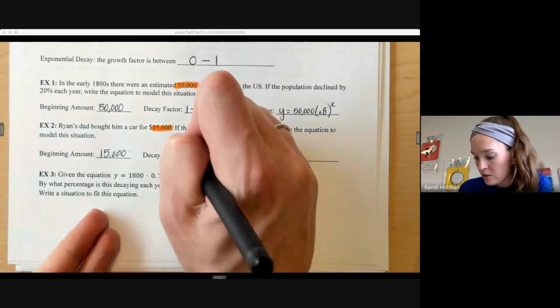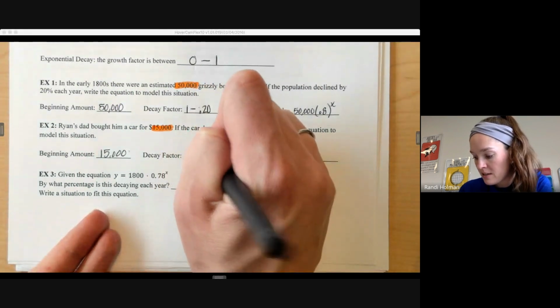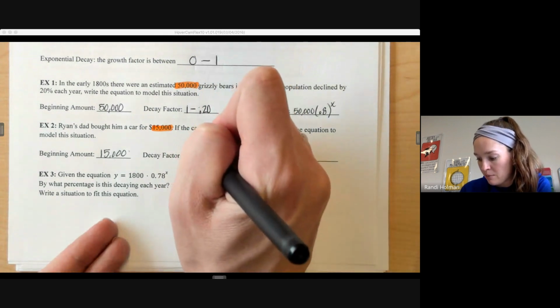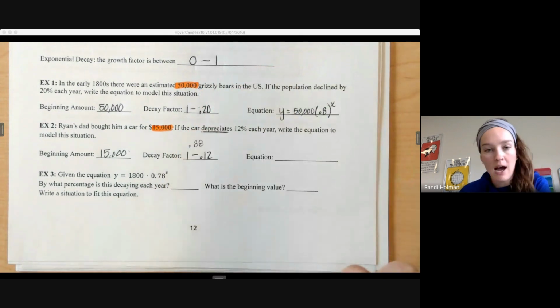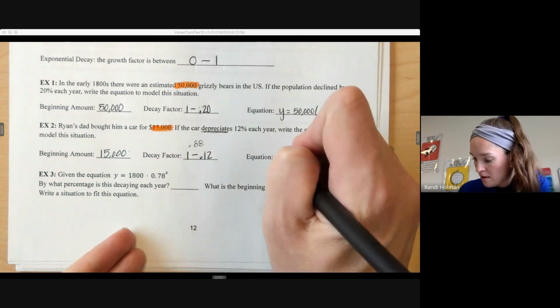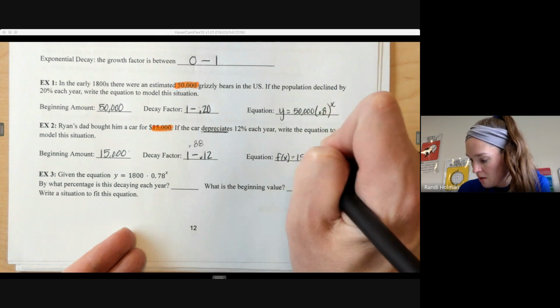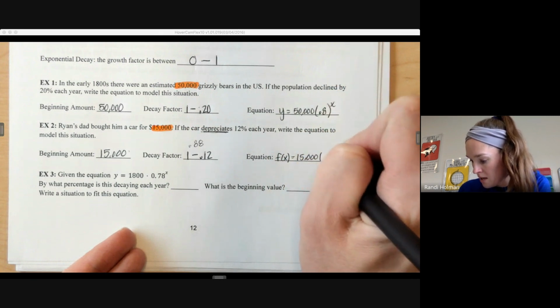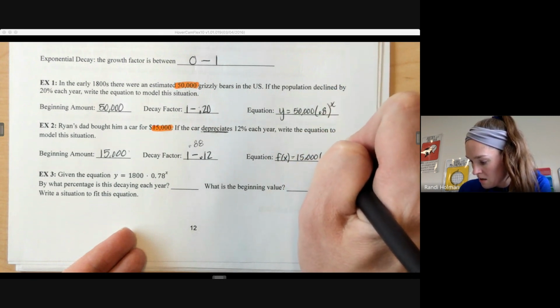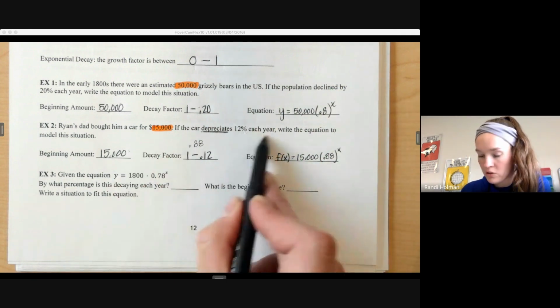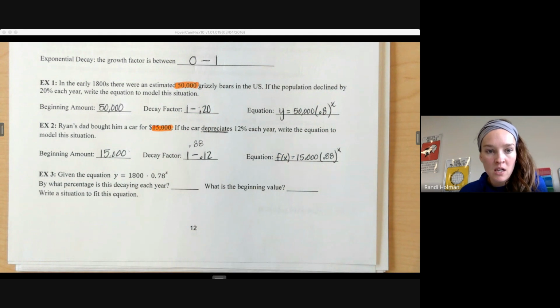So our decay factor is 1 minus 12%. And that 1 minus 12%, that's 88%. That's what we have left there. So we have f of x equals 15,000 times 0.88 to the x, where x is, again, the number of years, because that's our time period.